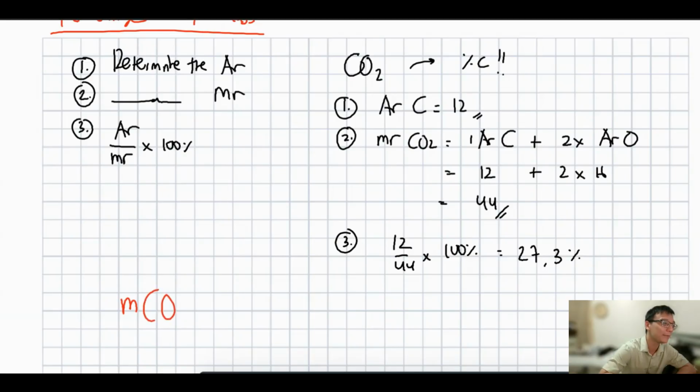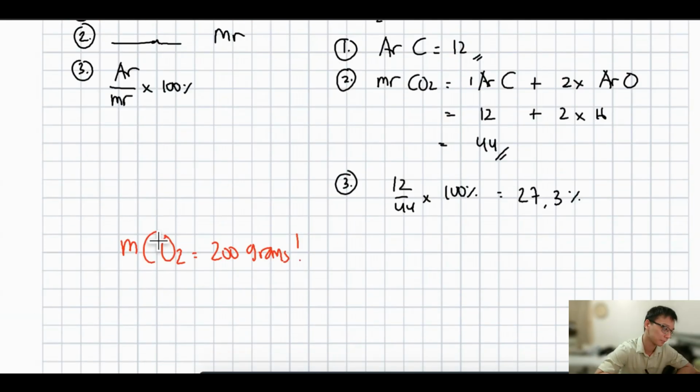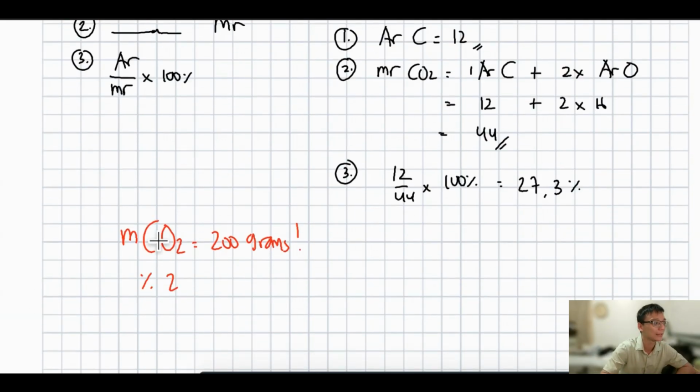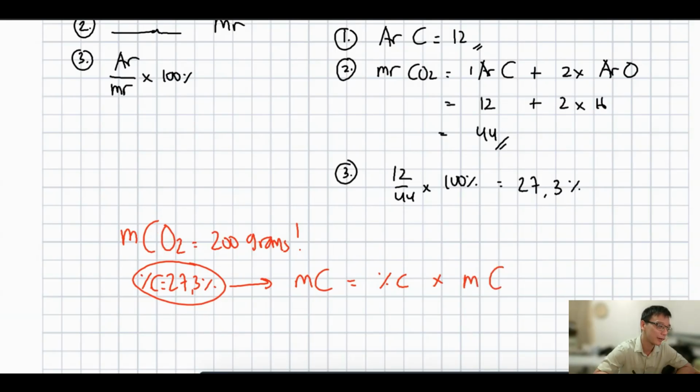So, for example, if the mass of carbon dioxide is 200 grams, and you know that the percentage of carbon is 27.3%, then the mass of carbon only would be equal to the percentage of carbon multiplied by the mass of the whole carbon dioxide.